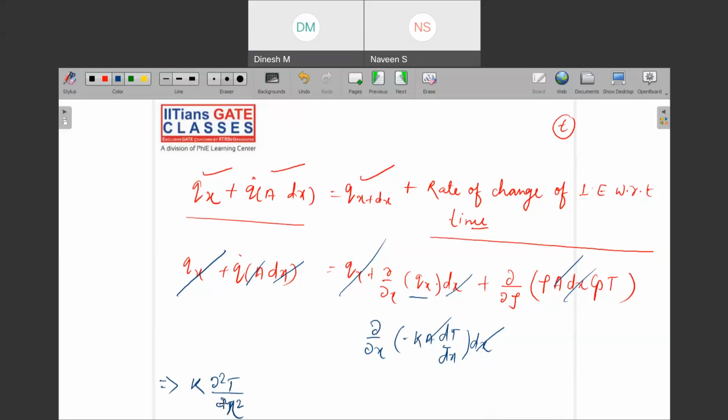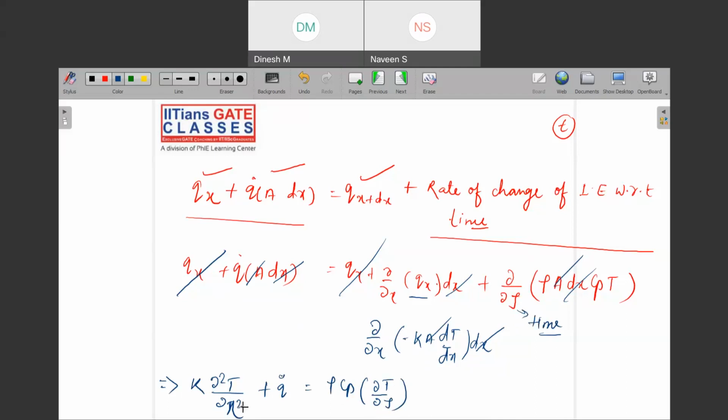So the double derivative of temperature with respect to x, and if I take it on this side, this is positive, and this q dot was already there, is equal to rho into cp into delta T upon delta tau. So this is with respect to time. So in x direction I know.